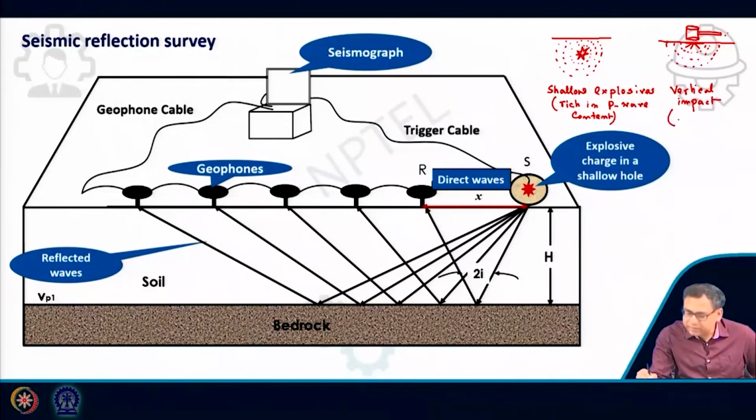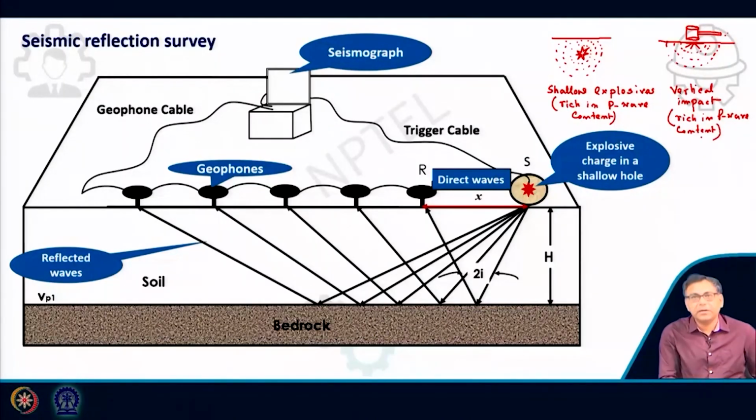So, this will also be rich in P wave content. If I make a vertical impact on the ground surface, then the wave that will be generated will also be rich in P wave content.